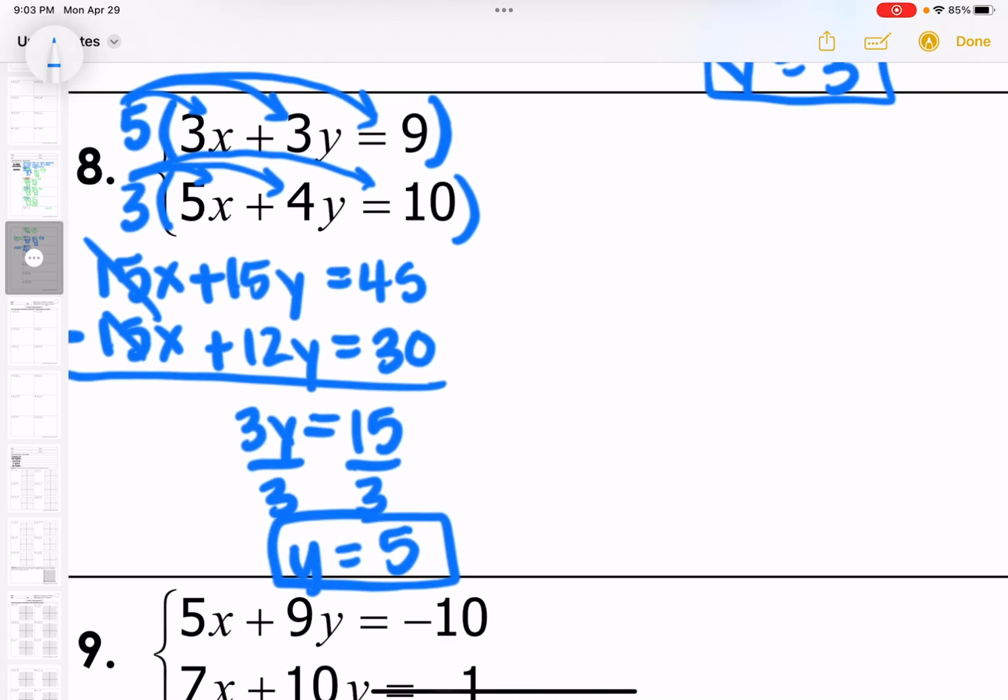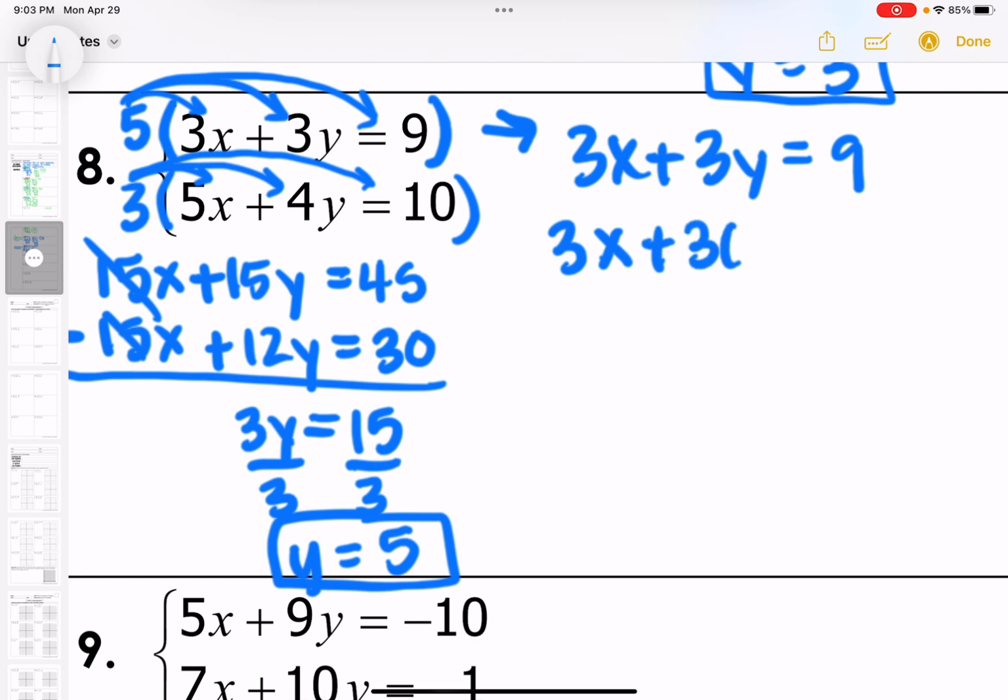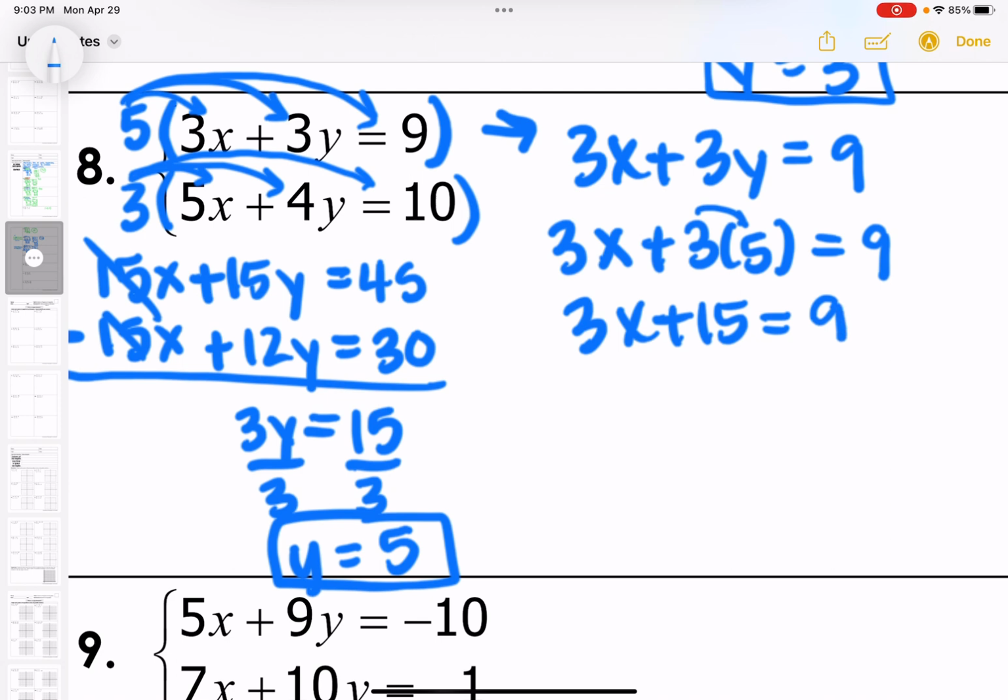Okay, just like any other problem, I'm going to take that 5 and plug it into one of the original equations. So I'm going to choose the top one. And I'm going to replace y with the number 5. So 3 times 5 is 15, so that gives me 3x plus 15 equals 9.